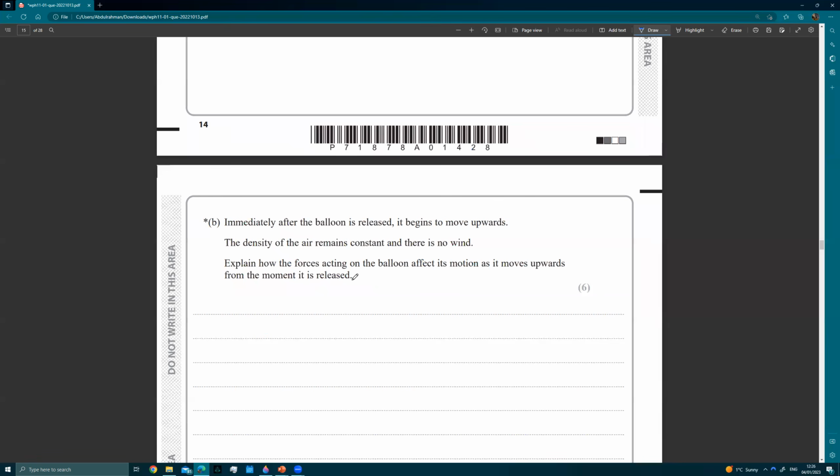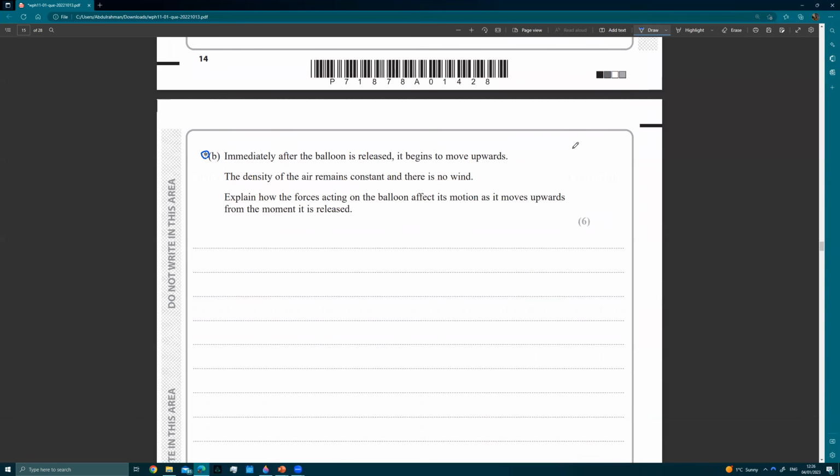Explain how the forces acting on the balloon affect its motion as it moves upwards from the moment it is released. Keep in mind, this is a star question, meaning you could only get full marks if your points link really well. So let's create a nice structured answer. It wants it from the moment it's released. The second the balloon is released, the only forces acting on it are upthrust and weight.